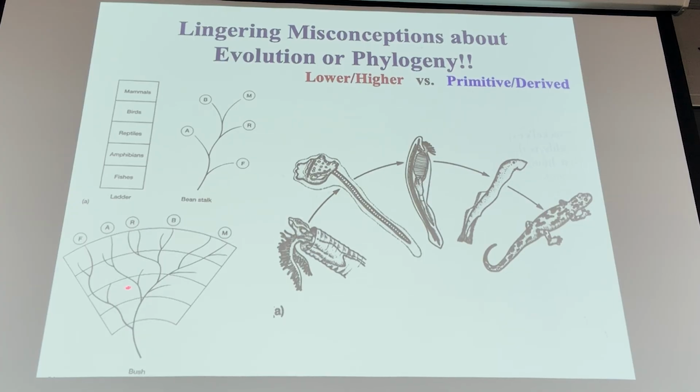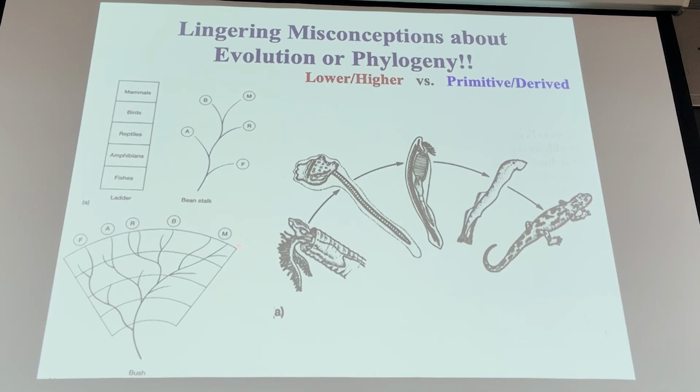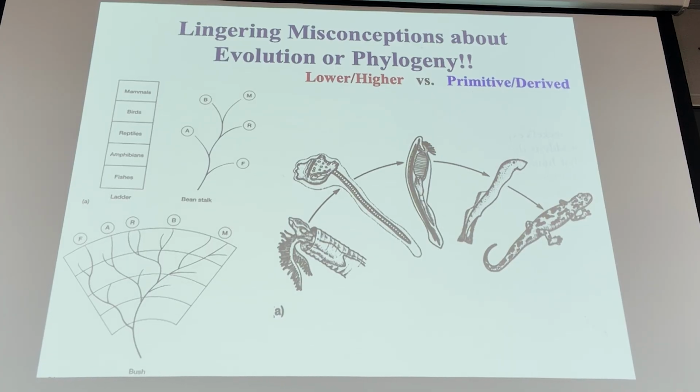We want to think of it more like these are all independent lines of evolution. Does that make sense? And there's a lot of organisms that are obviously extinct, and only the ones at the top of the phylogeny are going to be living organisms. This is completely wrong. This animal gives rise to this animal, gives rise to this animal. None of these animals are direct descendants of each other. This is more the ladder effect.